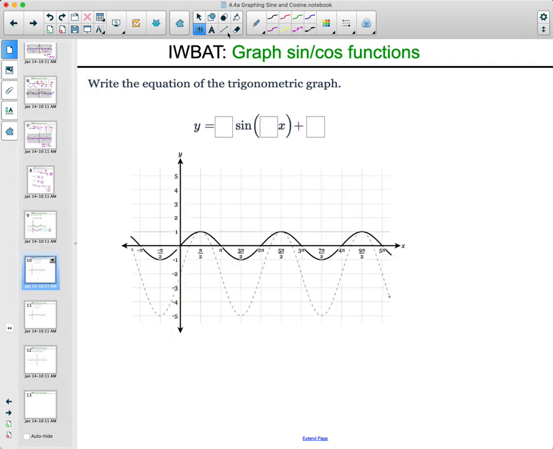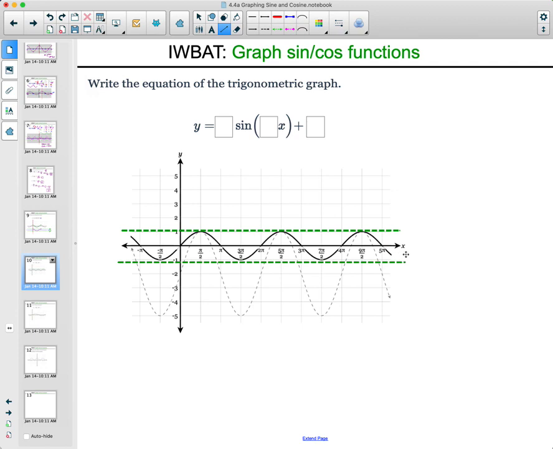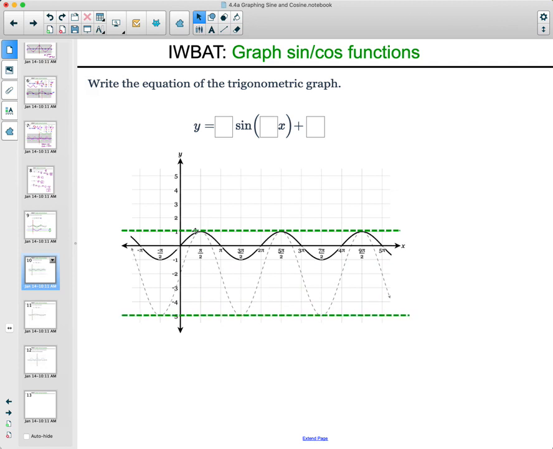Next one. So again, if we take a look at the amplitudes here, okay, so here's the amplitude of the initial graph, okay, that solid line graph. But the amplitude has changed now for this dotted line, okay? So the amplitude for this dotted line, the top of it is at 1, the bottom is at -5.